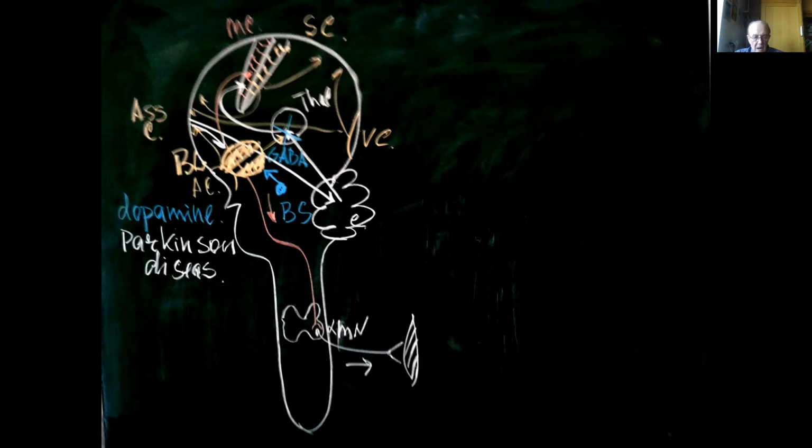At the same time, the black substance that is located in the midbrain stimulates the basal ganglia. This stimulation depends on dopamine, the very important excitatory mediator secreted by the neurons of the black substance. And the neurons of the basal ganglia secrete gamma-aminobutyric acid.